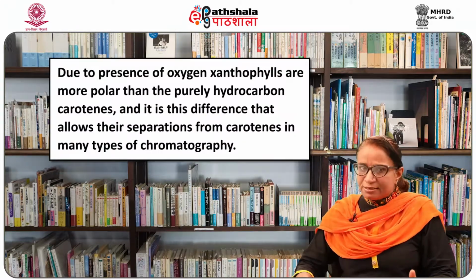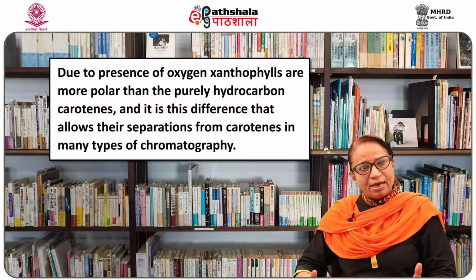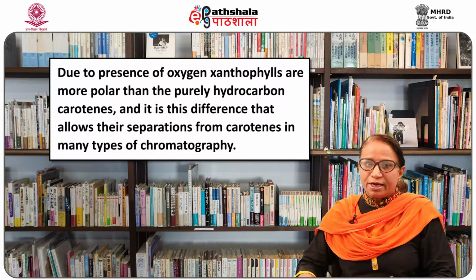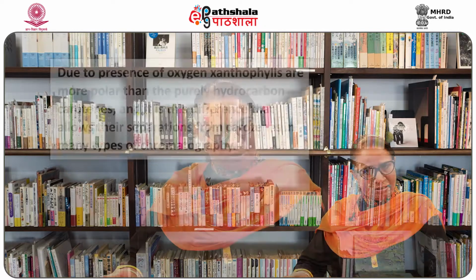Due to the presence of oxygen, xanthophylls are more polar than purely hydrocarbon carotene, and it is this difference that allows their separation from carotenes in many types of chromatography. Xanthophylls are a group of compounds.